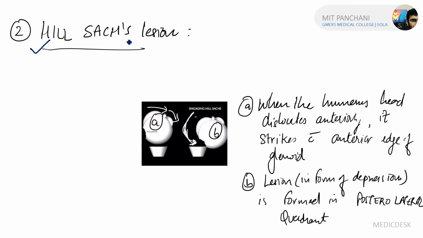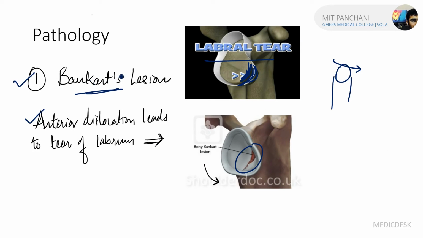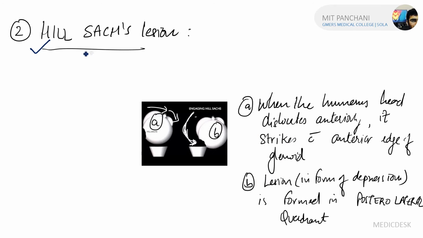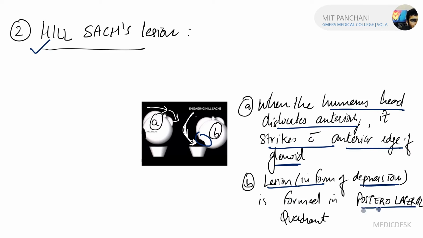Now in Hill-Sachs lesion, the Bankart lesion was on the labrum while the Hill-Sachs lesion is on the head itself, where the humerus head dislocates anteriorly and strikes the anterior edge of the glenoid, right? And a lesion is formed in the form of a depression in the posterolateral quadrant of the head of the humerus, as you can appreciate here.